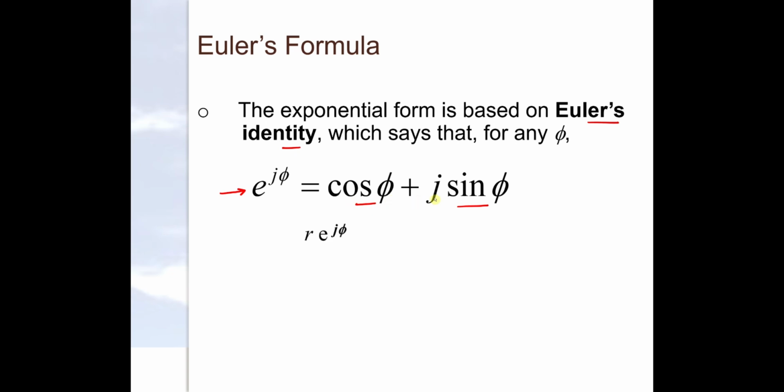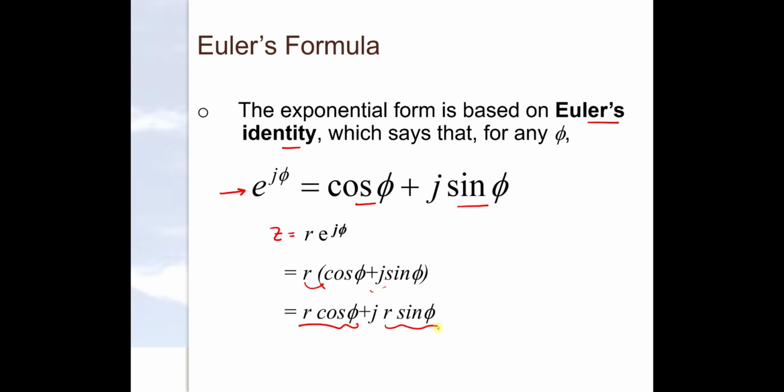Now I have a number z in the exponential form r e^(j phi). If we apply Euler's identity here, replacing e^(j phi) with the complex sinusoid, we have cosine phi plus j sine phi. Distribute the multiplication of r, and we have these two parts.